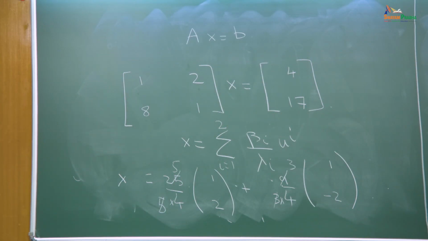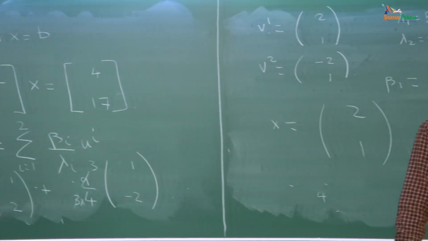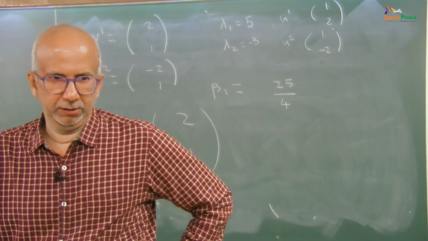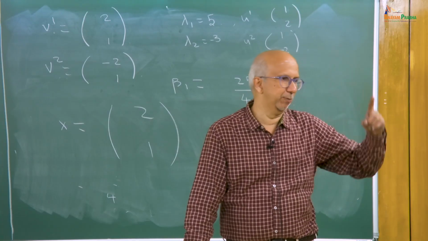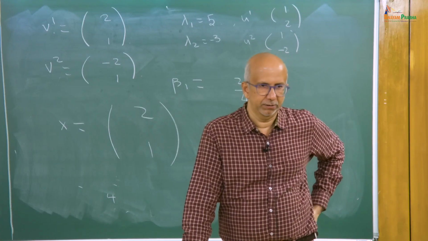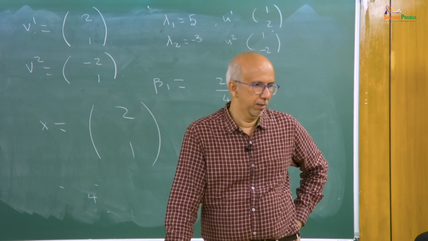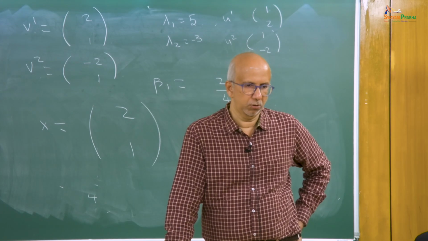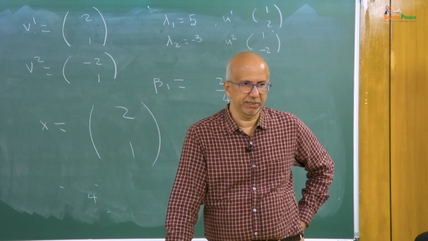This may look like a very complicated way of doing things, but when you have to deal with a large number of equations like I told you earlier, this is straightforward because you do not have to do any iterative scheme like Gauss-Seidel, Gauss-Jordan, where you keep guessing and all that. You just get the solution in one shot, and the number of operations is easy, straightforward.